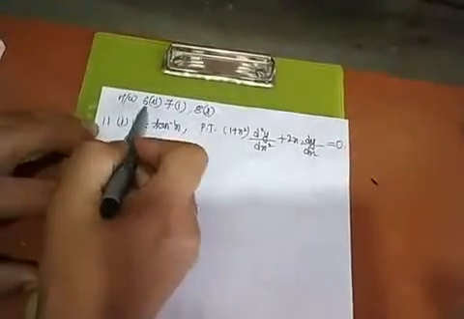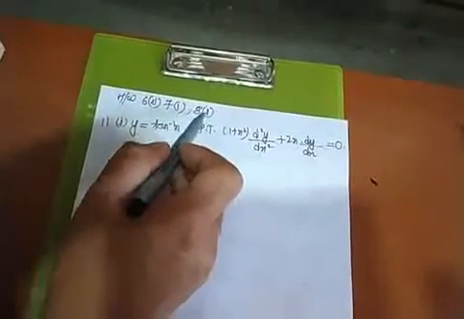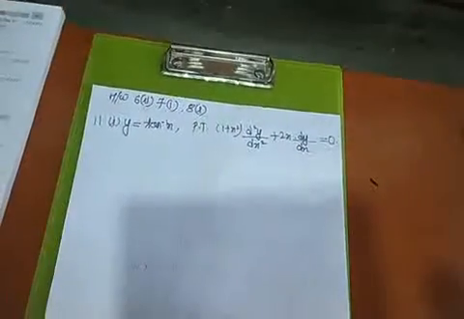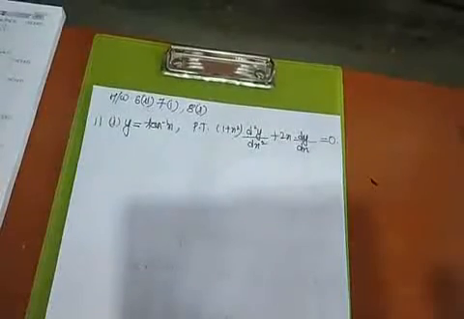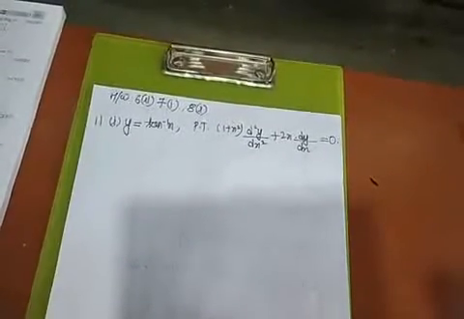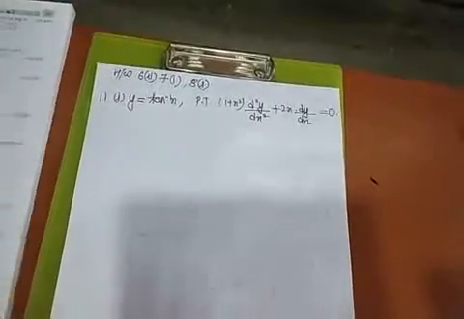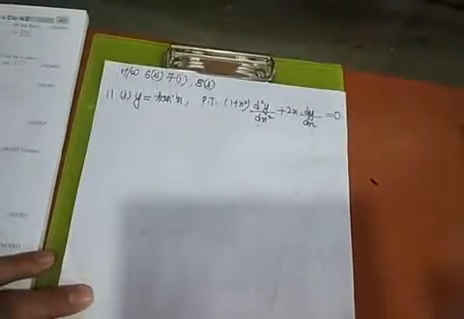Then 6 part 2 will be your homework, a similar type of question. 7 part 1 and 8 part 1 are also similar. Just find the value for dy by dx and d2y by dx square, put them in the left hand side, and done. Any problem, you can send me in my mail address, the question in which you're having problem.